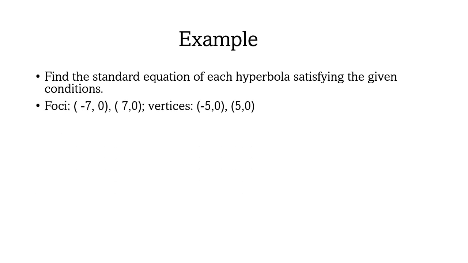Now it has foci (-7, 0) and (7, 0), and vertices (-5, 0) and (5, 0). So the vertices, we have the x coordinate of the vertices. So the equation is x squared over 25 minus y squared over b squared equal 1. So that's how the 25 came.